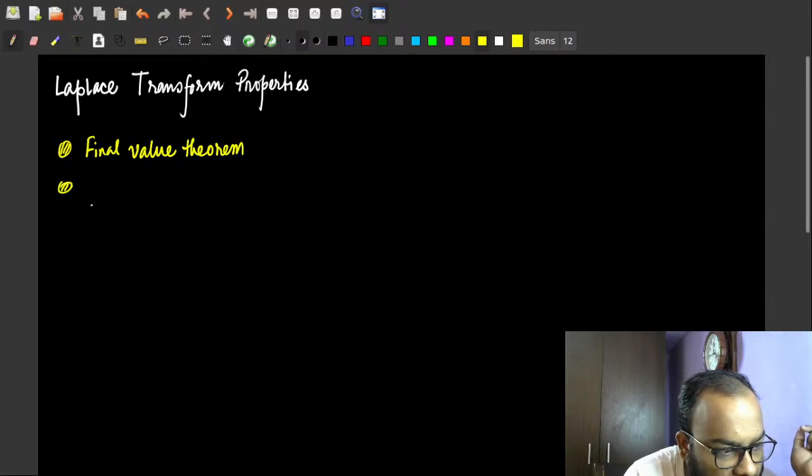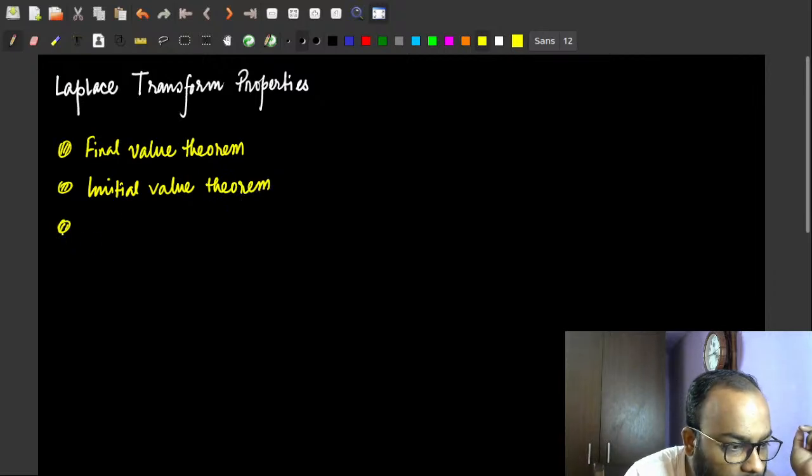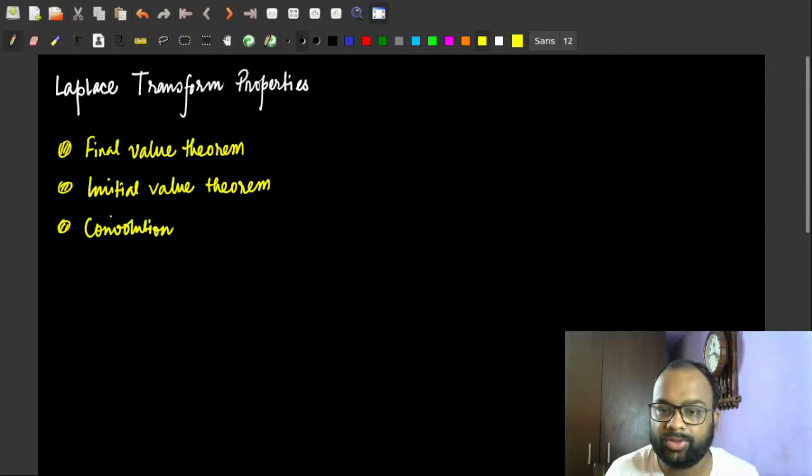Then we are going to talk about the initial value theorem. And finally, we're going to talk about the convolution property. All right. So these are the three properties that we're going to talk about in today's class.